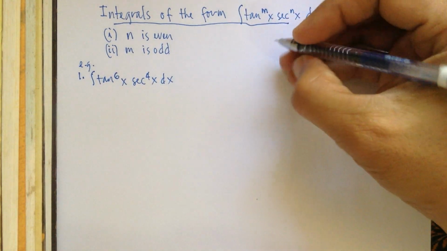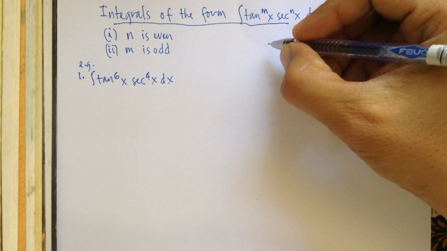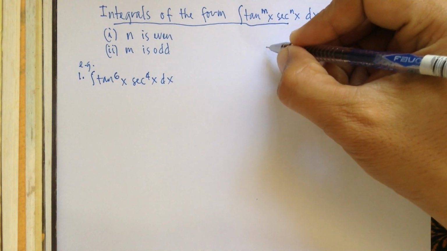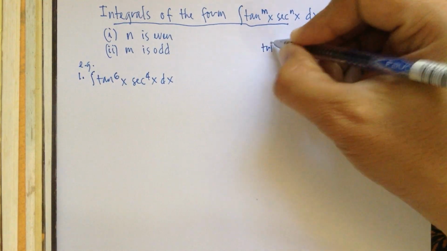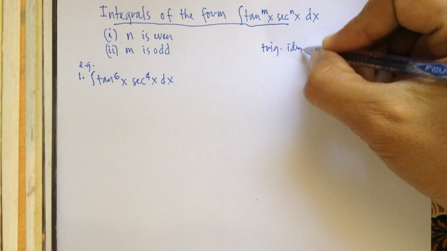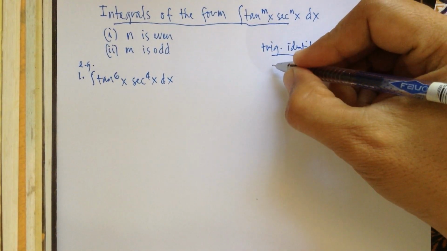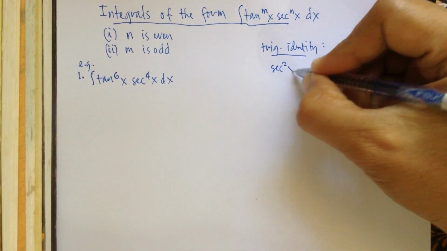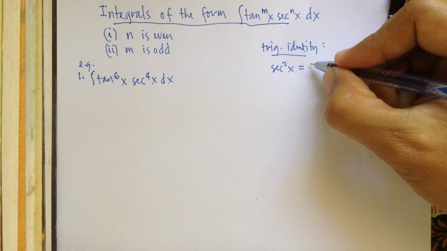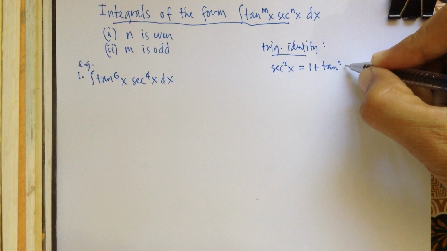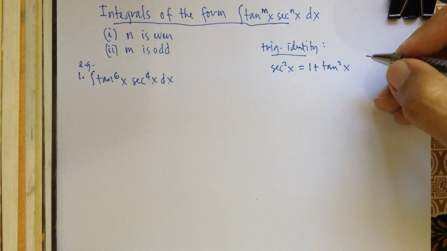One of the trigonometric identities which will be useful in this case is the identity given by secant squared x equals 1 plus tangent squared x.